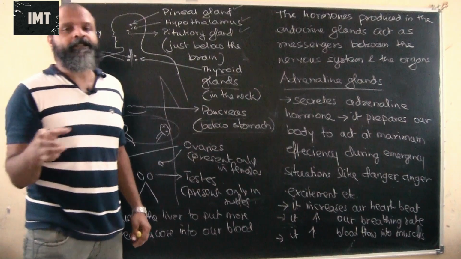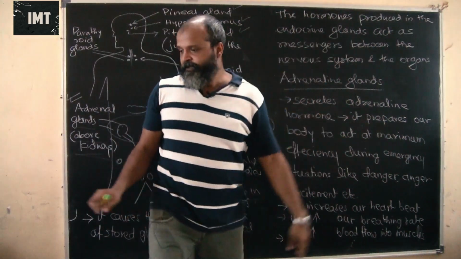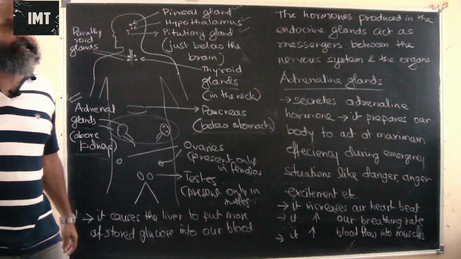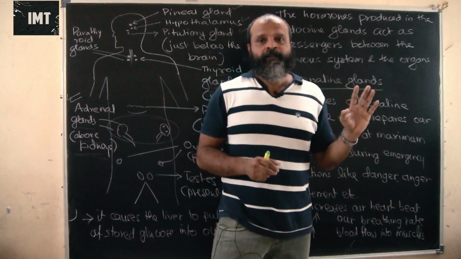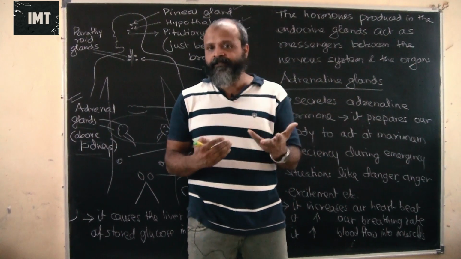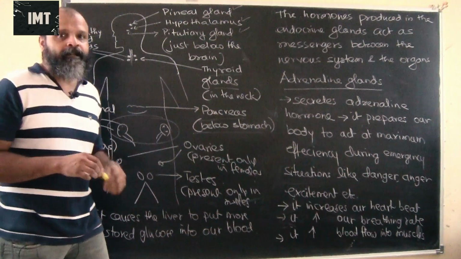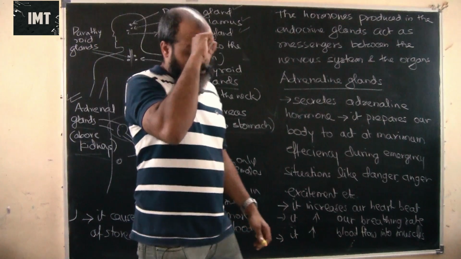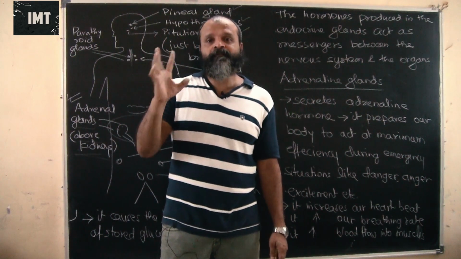The hormones produced by the endocrine glands act as messengers between the nervous system and the organs of our body. They enhance the efficiency of the nervous system. There are conditions during which our nervous system might not function with absolute efficiency.